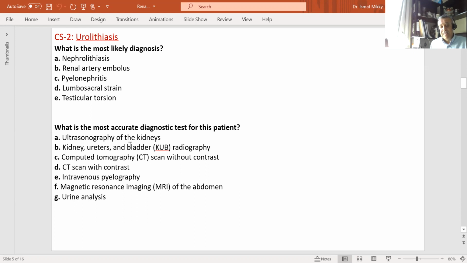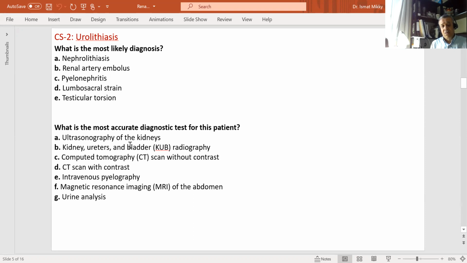Recall this from the physical assessment course. Flank pain, as well as fever and dysuria, are associated manifestations of pyelonephritis. There is costovertebral tenderness, CVA, flank pain, as well as fever and dysuria.